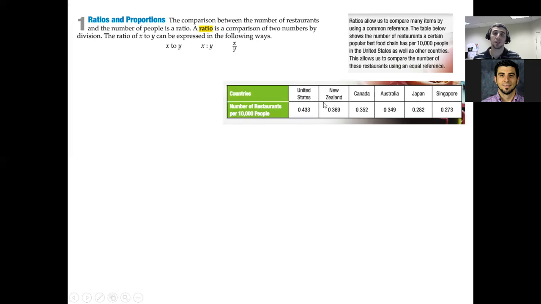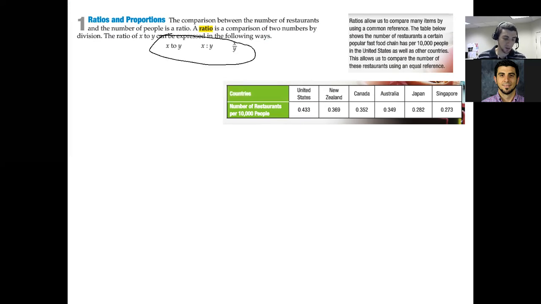So in the United States, as well as other countries, this allows us to compare the number of these restaurants on an equal reference. The ratio of x to y is a comparison of two numbers by division. The ratio of x to y can be expressed in three different ways that you see here.